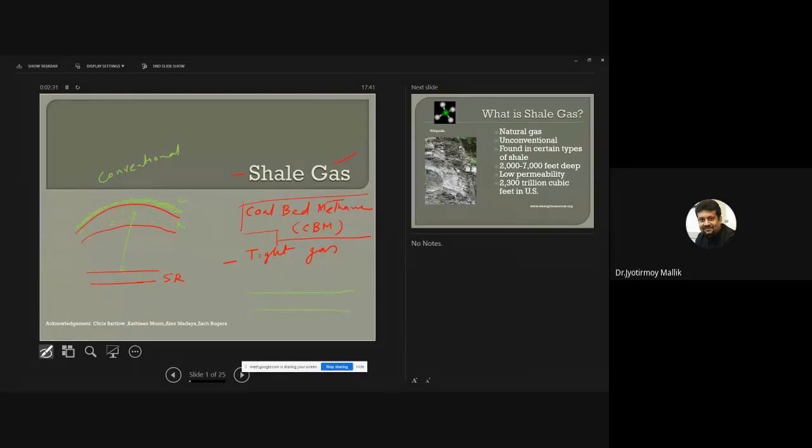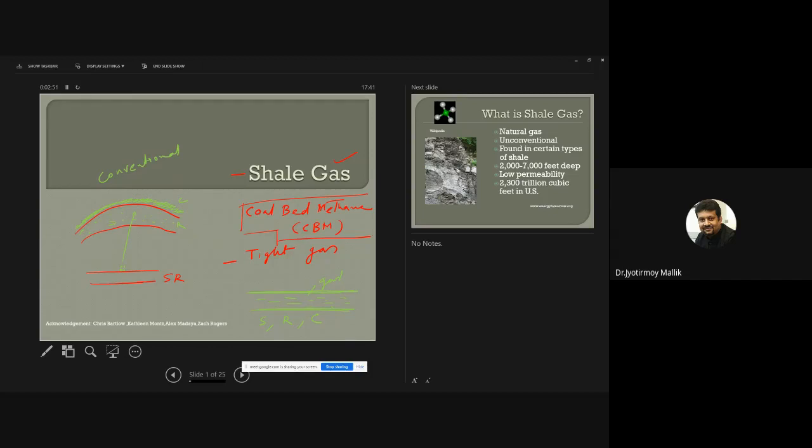But in shale gas, what we observed is that this source rock itself, which is shale, somehow contains the gas. So this layer works as a source rock, it works as a reservoir, and it works as a cap rock.